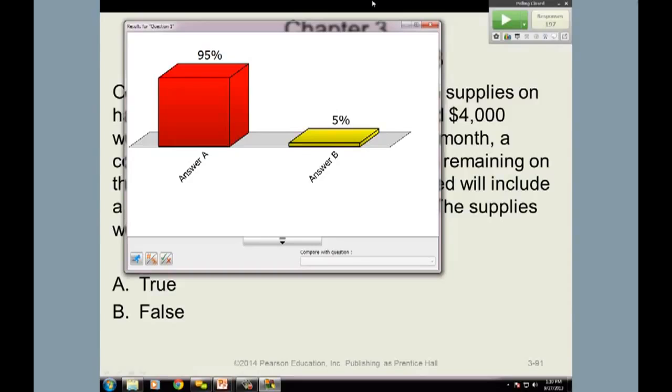And then what would be the adjusting journal entry in this case? You would have to debit supplies expense and then credit the office supplies for the 5,000.